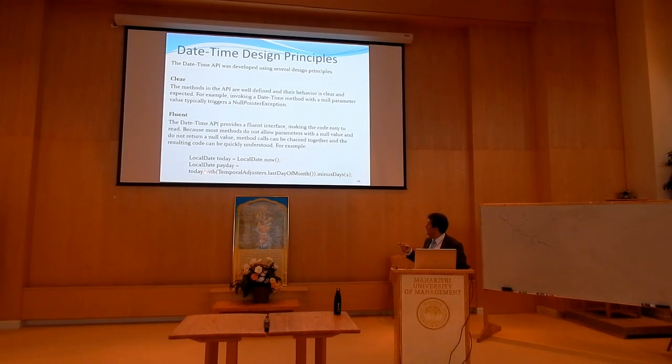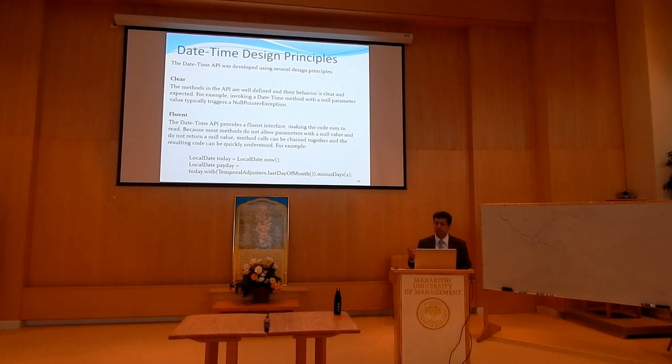And the other thing about them is that when you call a method on a date and time object, the method returns the same type of object. And what this does effectively is that you can chain methods. After calling this method, you can say dot, call the next method, dot, call the next method, dot, call the next method. Okay? So this also is part of being fluent.